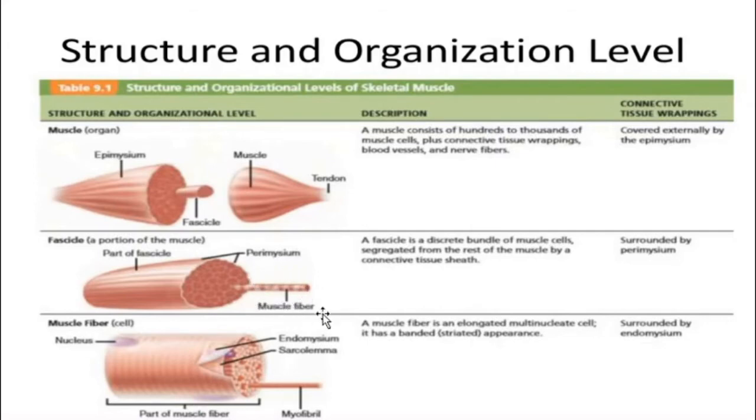So we get this muscle fiber, and for the next level, to the micro level, we have here the muscle fiber. The muscle fiber has the nucleus and is enclosed by another tissue called endomysium. So the endomysium is another sheet that covers the muscle fiber.